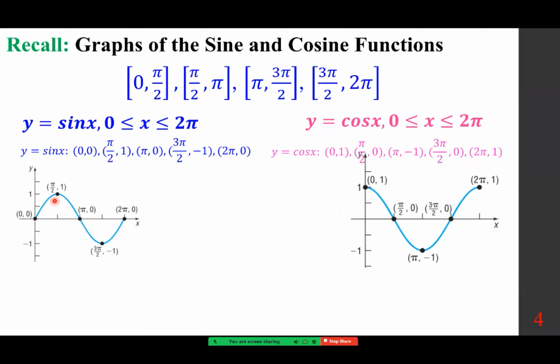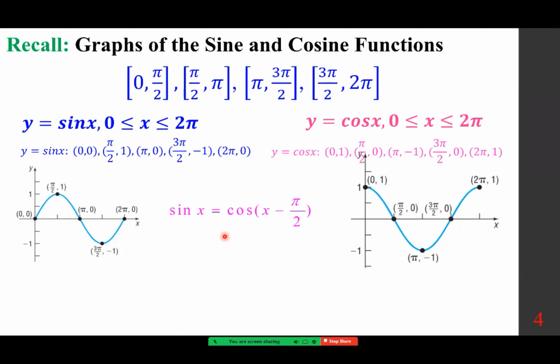And the endpoints result in these 4 arcs. And for example, sine is 0 at 0, 1 at pi over 2, and so on and so forth. The same thing with cosine, starts with 0.